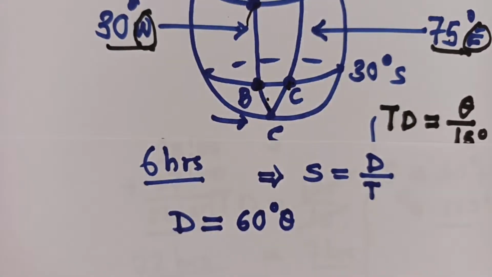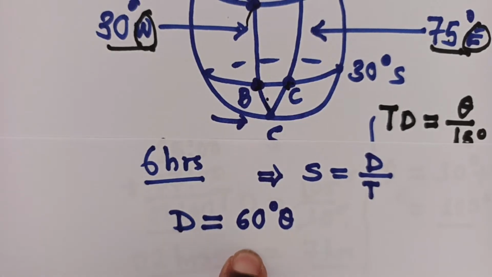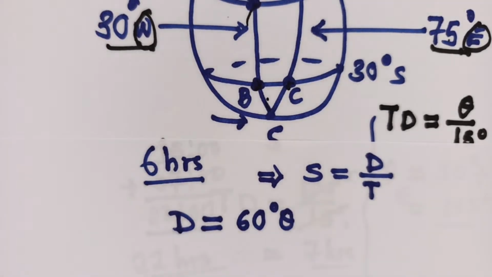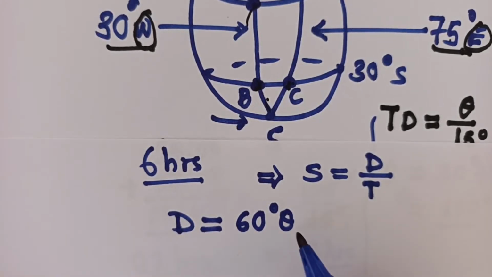When dealing with distance in nautical miles, the formula that you use in paper one is the formula of finding distance. So we're going to say distance is equal to 60 times theta.